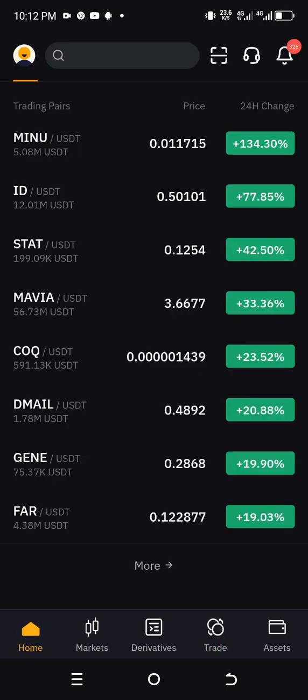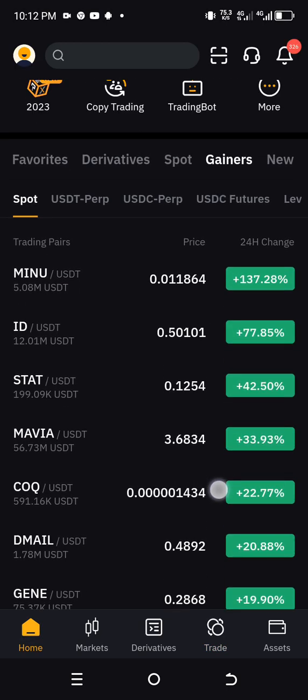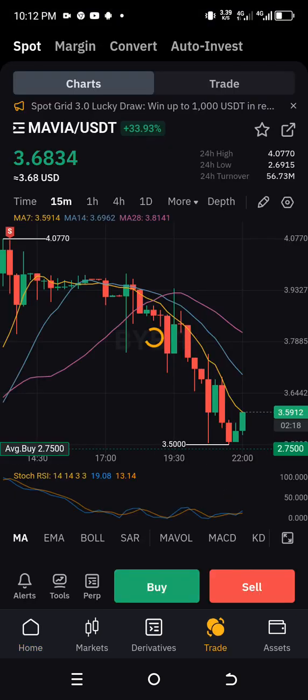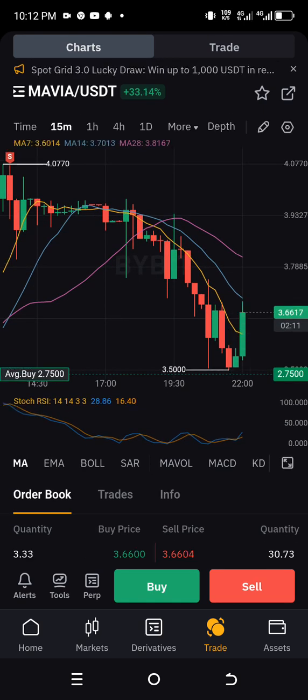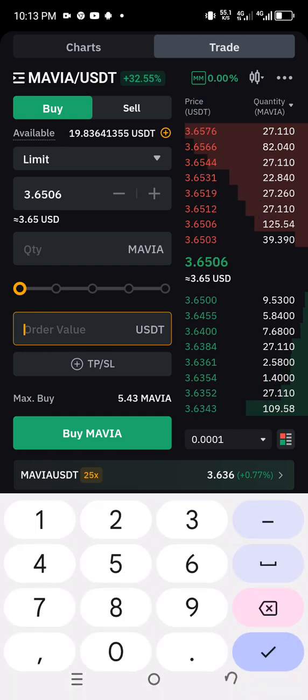Let's say I'm taking this coin because I'm seeing it with a lot of potential. The first thing you need to do is to come to this very place and buy this coin. I say you should divide your capital into three.